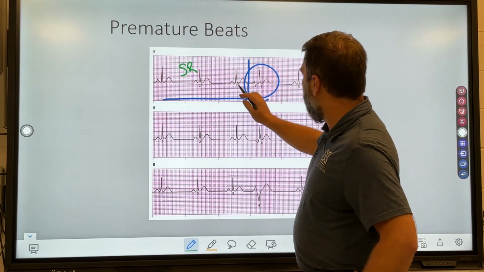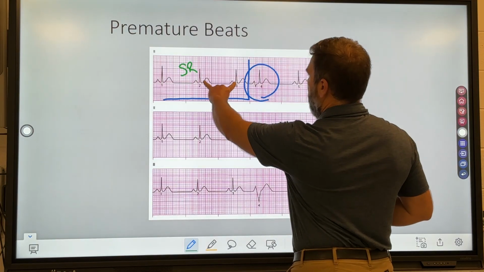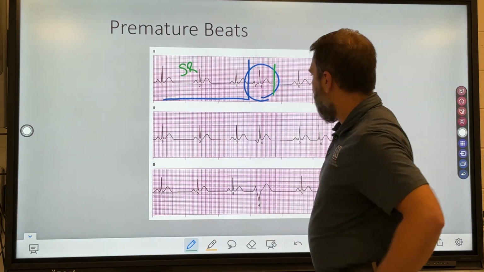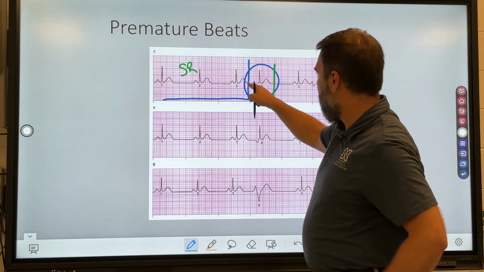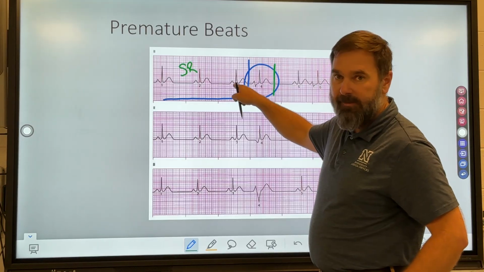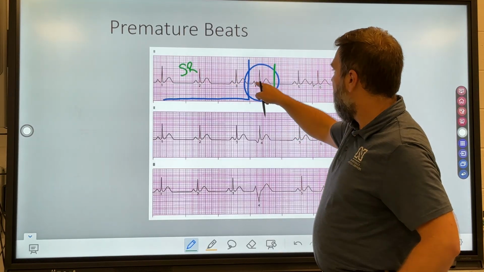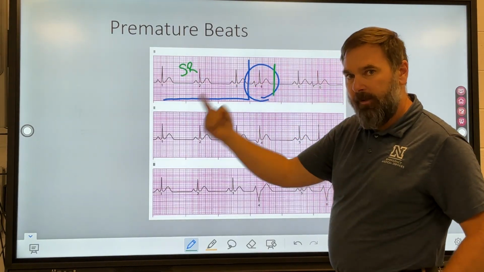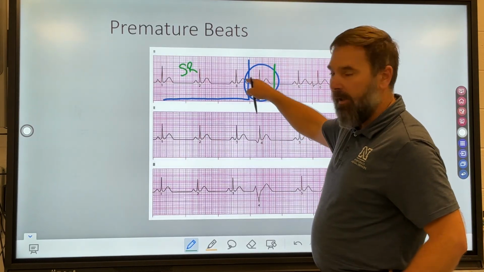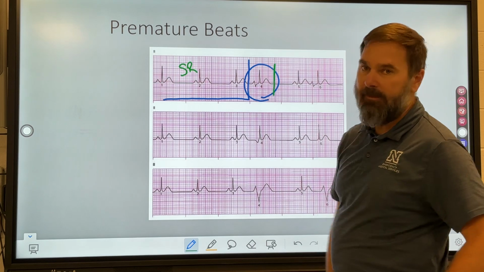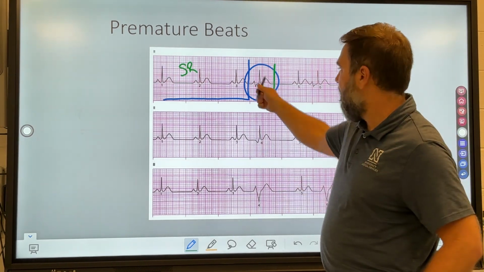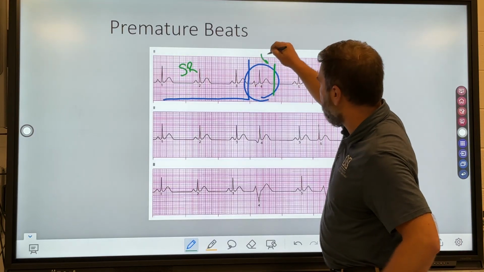Our next expected beat should have occurred somewhere right around in here. So this complex occurred early. We have an upright P wave that does not look like our normal SA or sinus P waves. So it's an upright P wave, and it's early, so we know this is a premature contraction. Upright P waves tell us that it is an atrial complex. So in this case, this is a PAC.